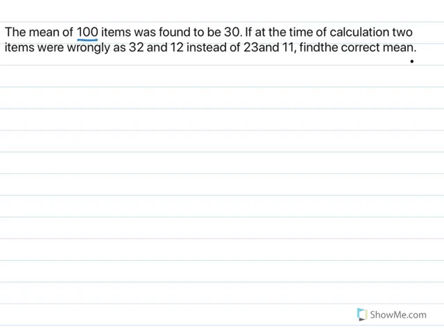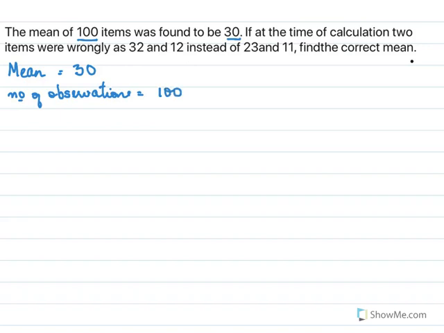The mean of 100 items was found to be 30. So mean equal to 30. Number of observations equal to 100.